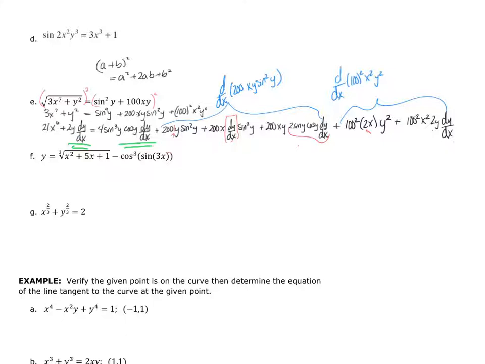This one goes to the left, so I do need to move it. That term needs to go to the left because it has a dy attached to it. So does this one, and so does this one. Everything I underlined will go to the left side. Everything I did not underline will go to the right side. And at the same time, I'm going to write dy dx out front because I don't want to write this more than once.